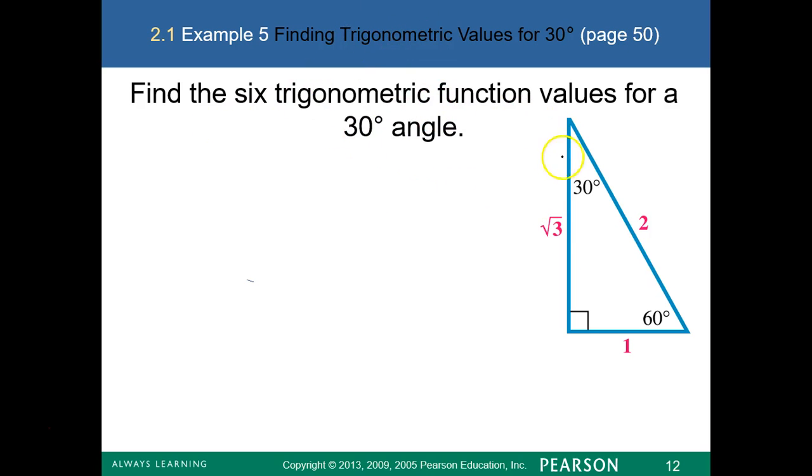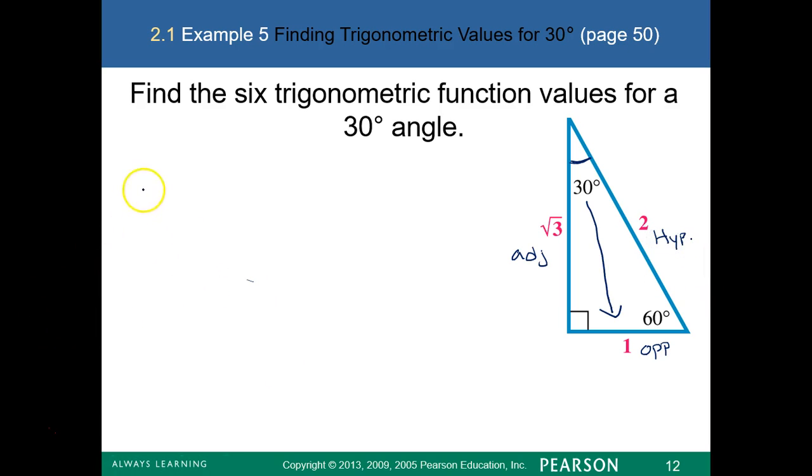So for this angle that is 30 degrees, we're going to find sine, cosine, tangent, and the other 3 trig values for this 30-degree angle. Now remember, 30 degrees opposite of that is our 1. So this is our opposite, and this is our adjacent, and this is our hypotenuse.